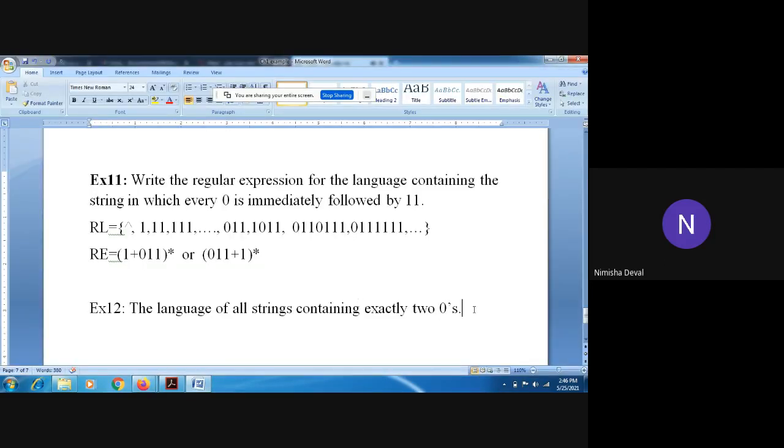Next, I will give you two to three examples so you can solve them before the next lecture. In the same fashion, there is one more statement. Right now we have written exactly two zeros, and in the same fashion, at least.